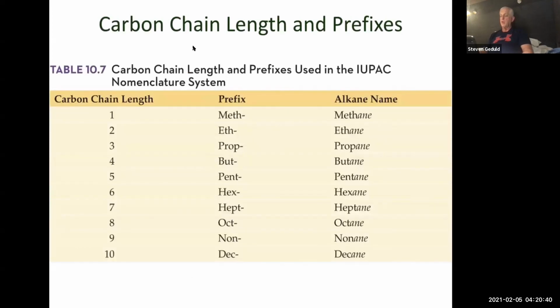So for the alkyl groups, we use methyl, ethyl, propyl, butyl, pentyl, hexyl, heptyl, octyl, nonyl, and decyl. And we get them from methane, ethane, propane, etc., going down the line.